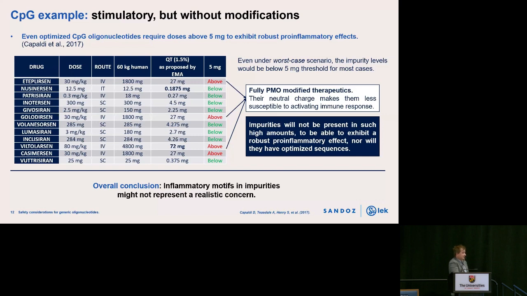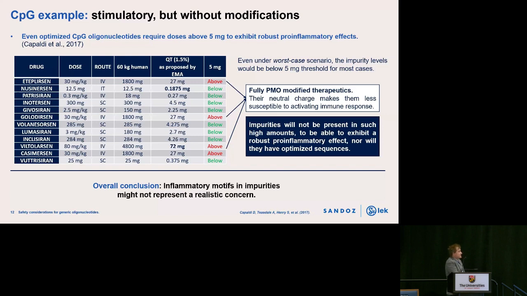And what we see is that in most cases, we are below this threshold. So even if there would be a CpG-containing optimized impurity present, it would still not be present in such high amounts to be able to exhibit robust effects.